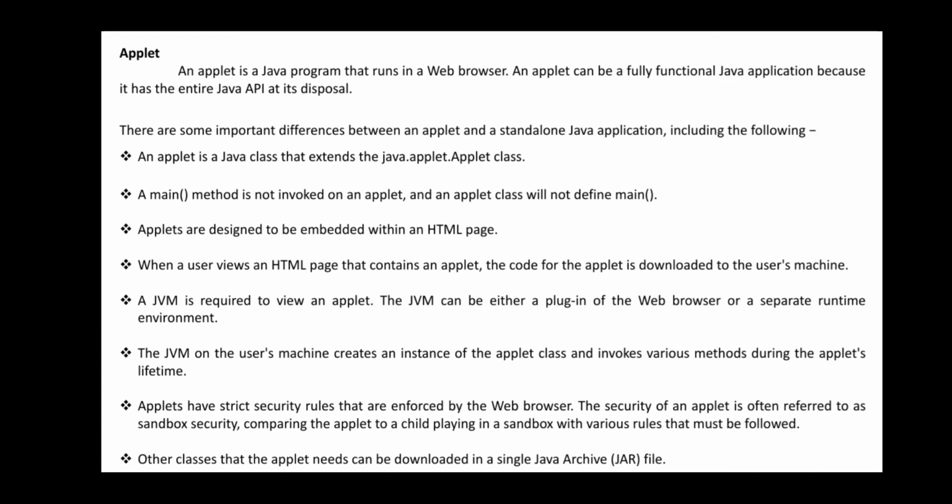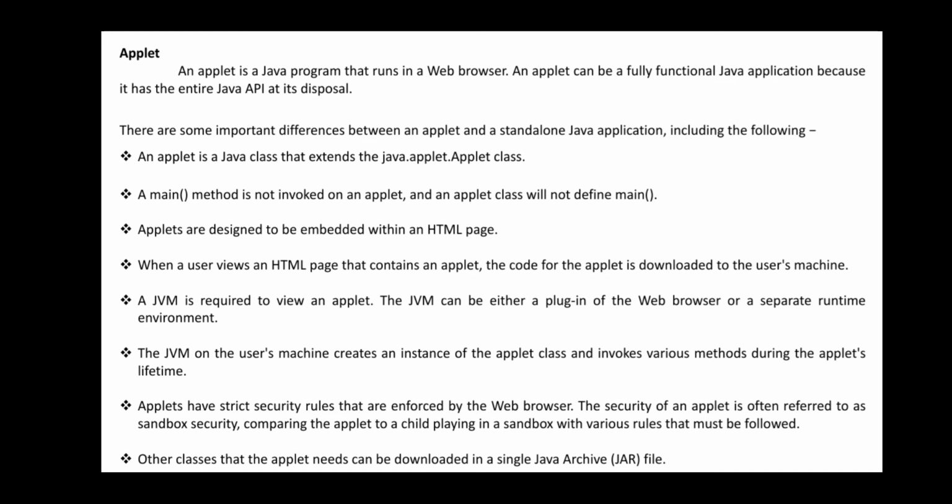Then there are some differences between an applet and a standalone application. What are the differences? An applet is a Java class that extends the java.applet class. So when you are going to execute through Java, the applet will be extending the applet class.